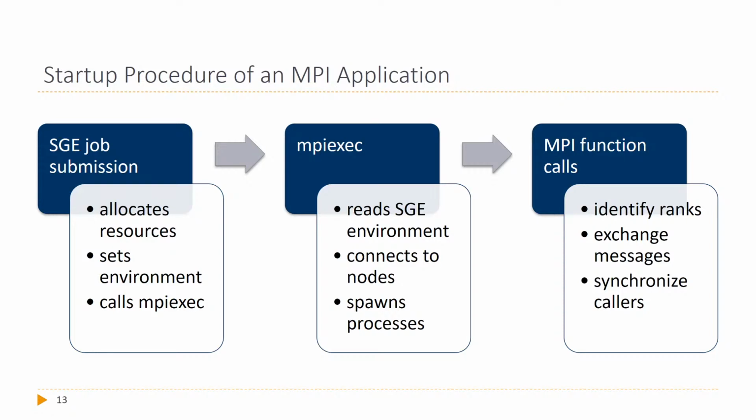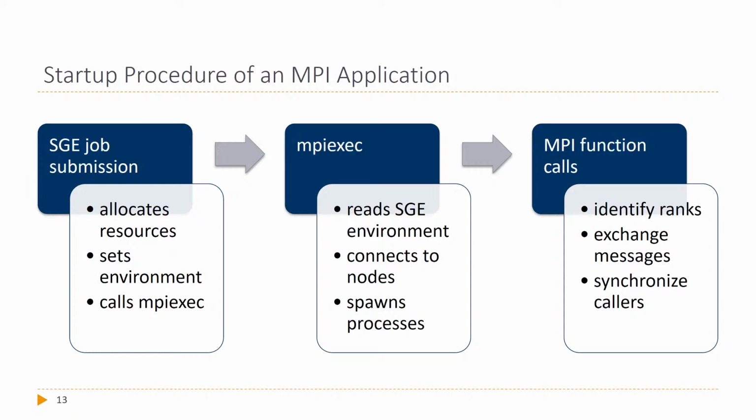It sets the environment, which means it sets environment variables that your program might read, that the MPI implementation might read, for example, because there's a lot of communication going on between this job submission system and the MPI execution wrapper through environment variables. The SGE system writes environment variables that are then read by MPI exec to know, okay, how many processes are there in total, and so on and so on.